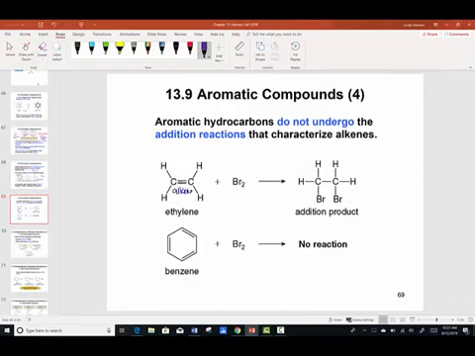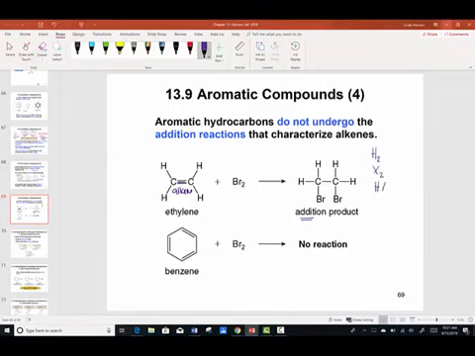It has a double bond, and we just spent time practicing how alkenes undergo all types of addition reactions. With addition reactions, we added hydrogen across the double bond. We added a halogen across the double bond. We even added a hydrogen halide.